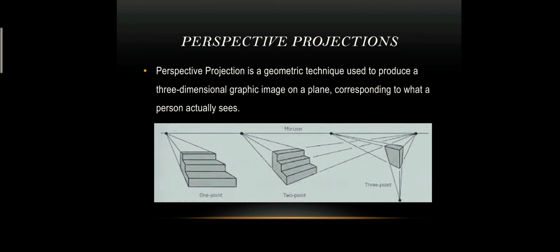In three point perspective all the dimension lines of the object meet at 3 points. These are the perspective views of the object.